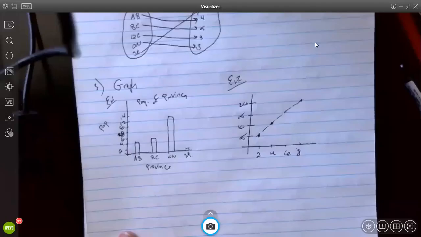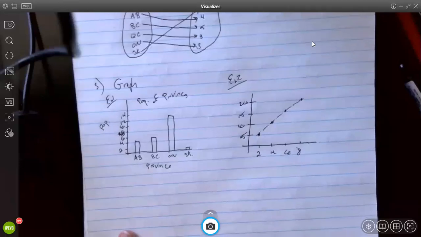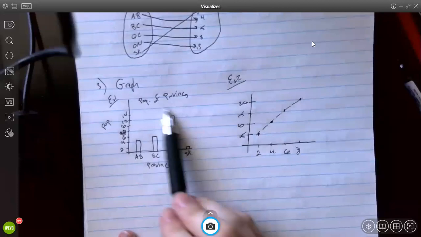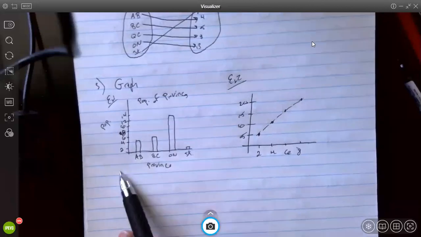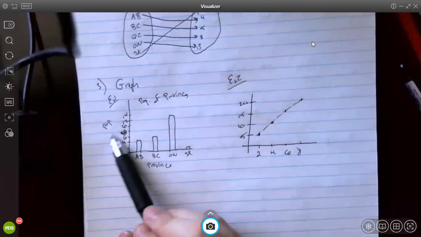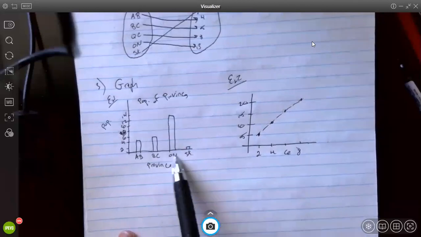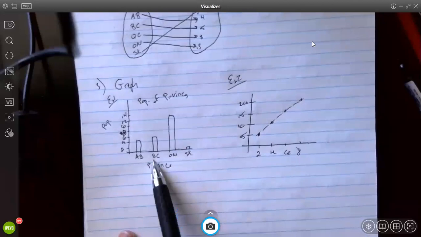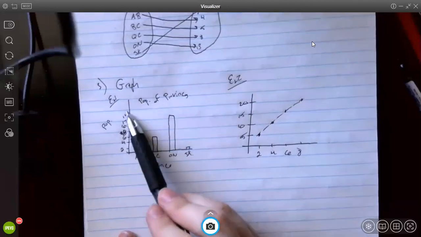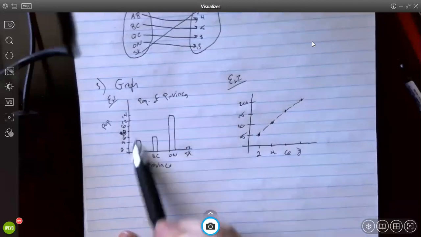The third method of representing relations is a graph. In the first example here, I have a fully developed graph where I've got a title, I've labeled both my axes, and then I'm comparing again one term, which is words, and another term, which is numbers. This is the population of the provinces again.